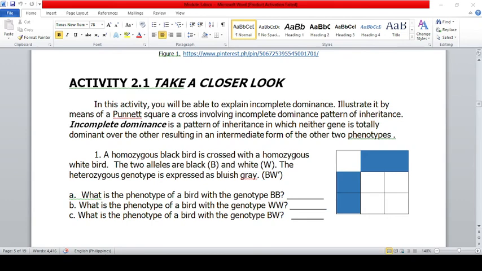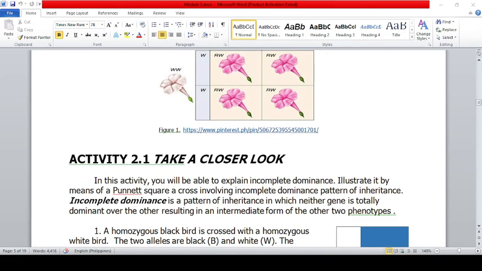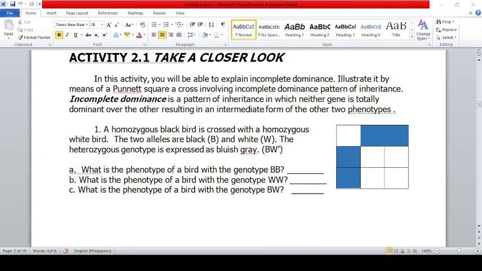Like dito sa taas, your example here, you're doing that Punnett square. And the question is, what is the genotype of a bird? And the genotype B. What is the phenotype of the bird with the genotype W? So, anong kulay? Because we're looking for the phenotype. Kasi medyo naguguluhan ako minsan sa genotype.